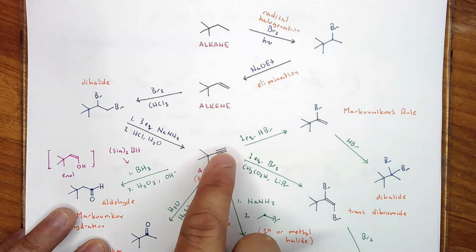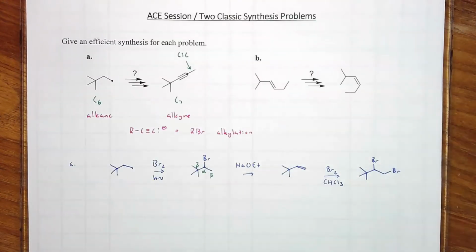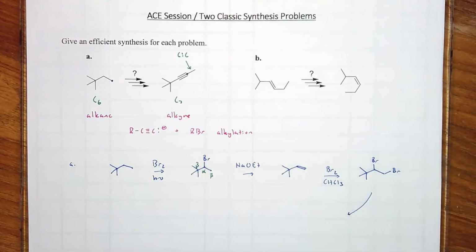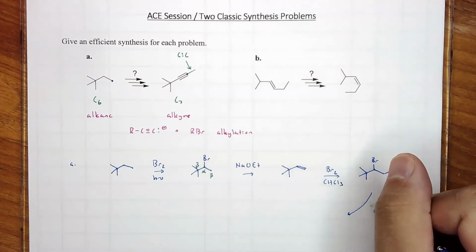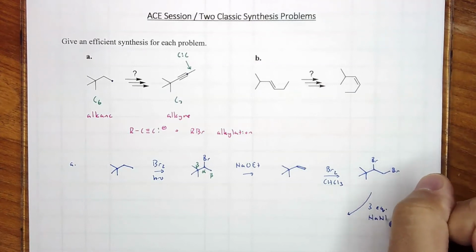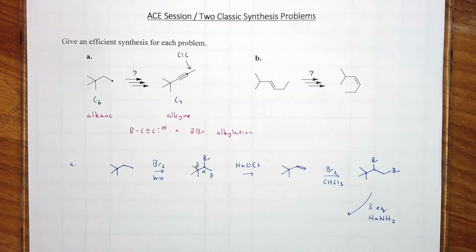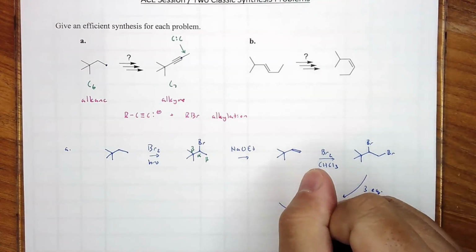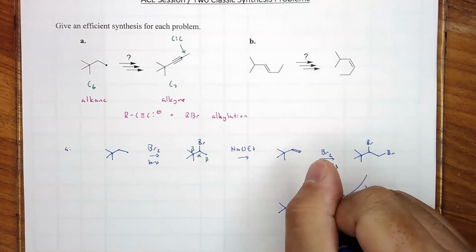I'm going to leave it as an alkyne anion, and you know how I talked about formatting? Well, I don't want to draw the alkyne. I want to draw the alkyne anion. I'm still going to use 3 equivalents of NaNH2, but I'm not going to protonate the terminal alkyne. I want to keep it deprotonated. And that gives me this.